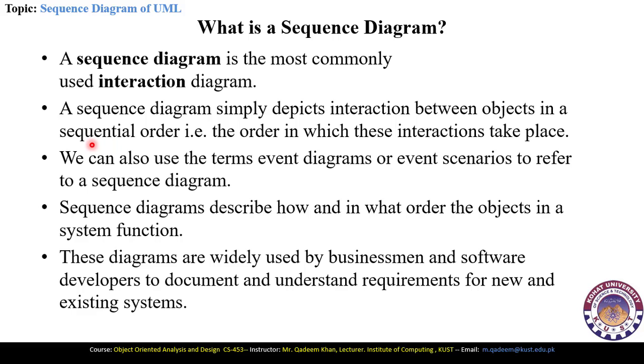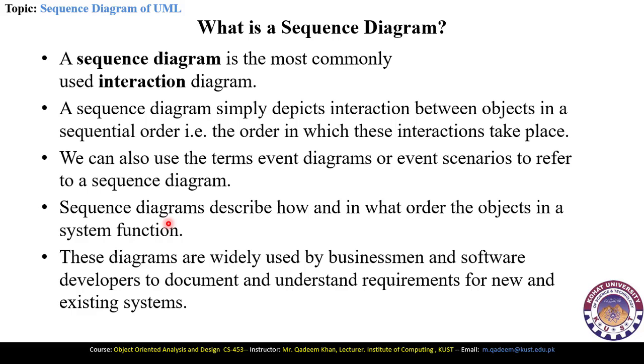The interaction represents the interaction of the actor with the system. So, in the sequence diagram, we use certain events which are in fact representing the functionalities of the system, and those events are organized into certain sequential orders.